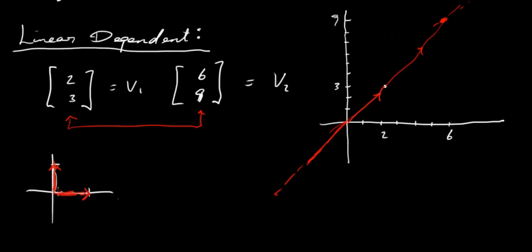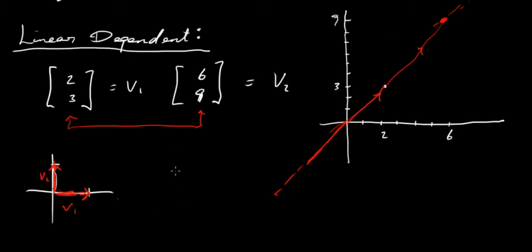You can see that if you multiply this vector here, let's say v1, this is v2, if you multiply this vector by 5, you'll end up out here somewhere. You won't end up here somewhere. So these two are linearly independent. They don't lie on the same line, so they're not linearly dependent. They're called linearly independent.